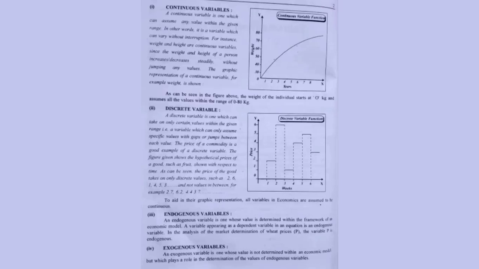Y-axis is actually a vertical axis, whereas your x-axis is horizontal. Along the horizontal axis or x-axis, we are going to implement years. These years are actually in numbers of first, second, third, fourth, fifth. Or you can say 1, 2, 3, 4, 5, 6, 7, and 8.